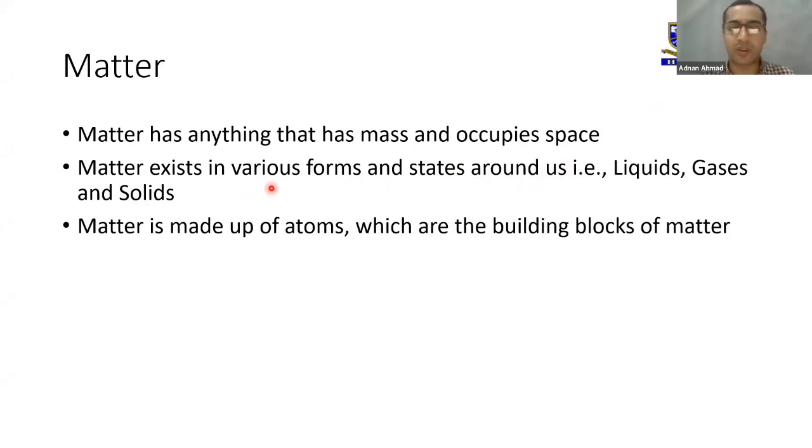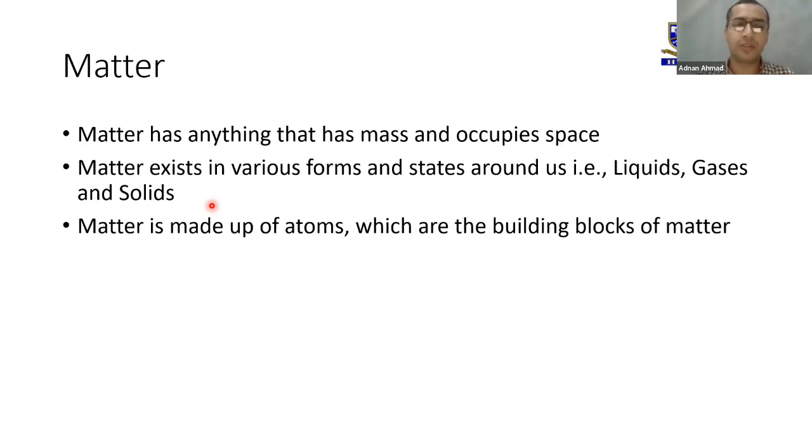If you are drinking water, that is liquid. That is also matter. For example, you are dealing with ice, you are breaking ice, or you are putting ice in a glass of water. That is matter in solid state. And the air that we are breathing right now is matter as a gas.